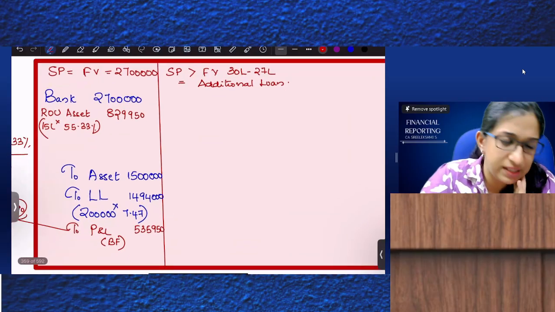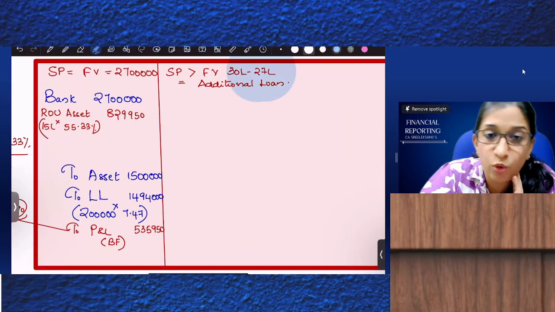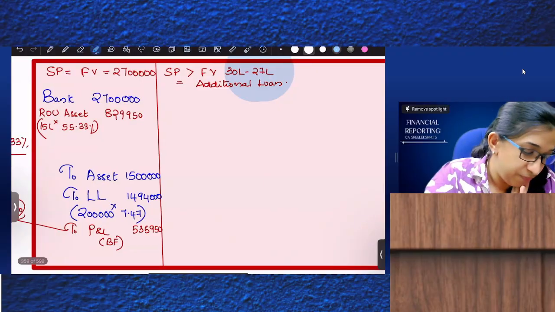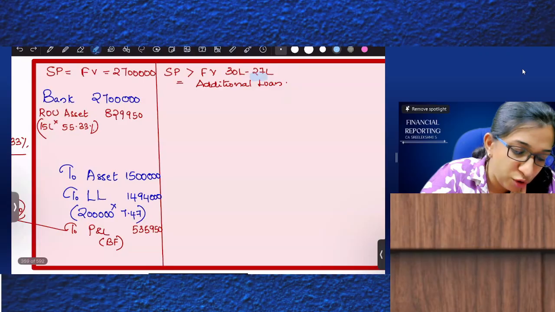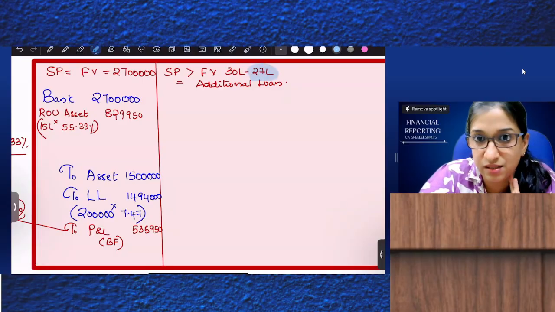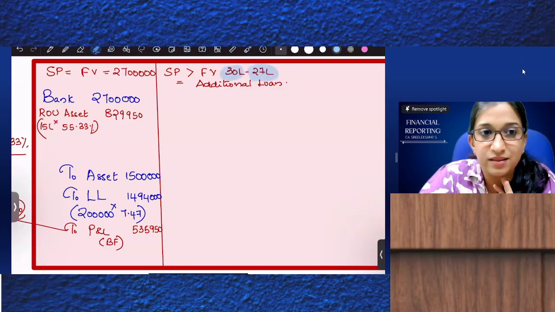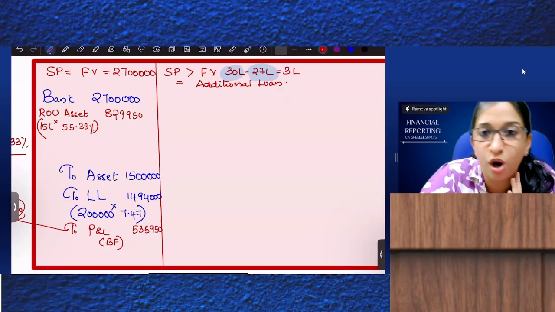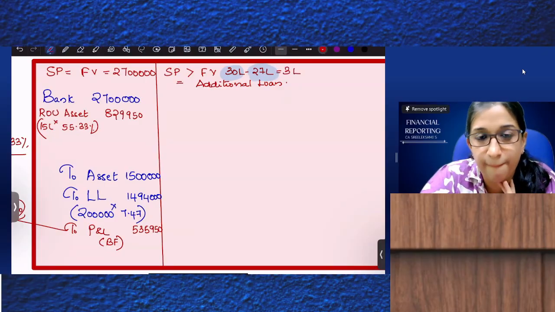For the sale of the asset, the amount required to be paid by the lessor to the lessee is only 27 lakhs. But you paid 30 lakhs. Considering substance over form, 3 lakhs is an additional loan. Are you getting?